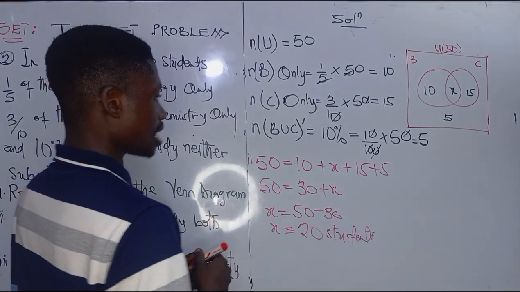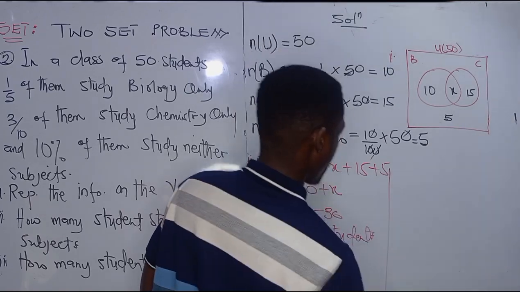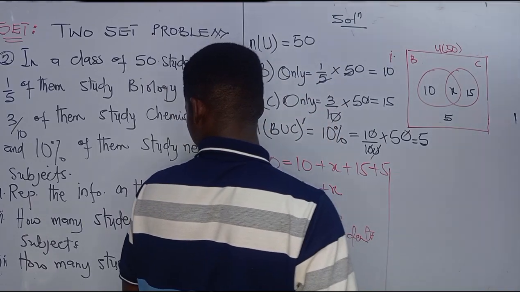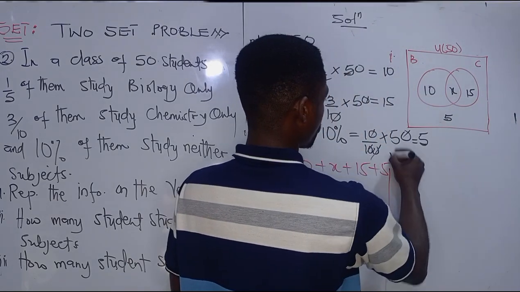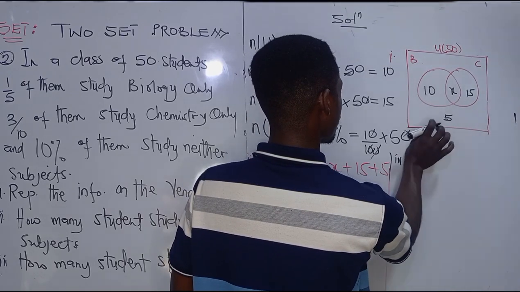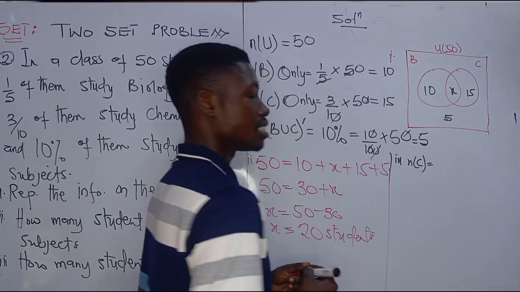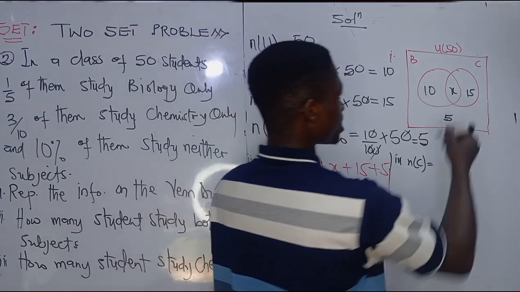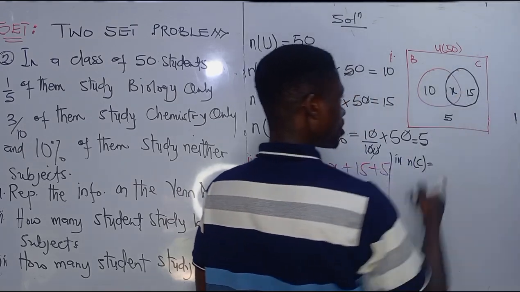Now let's move on to the last question. We have to find the number of students who read chemistry. Now we know that the whole of this circle is for chemistry.